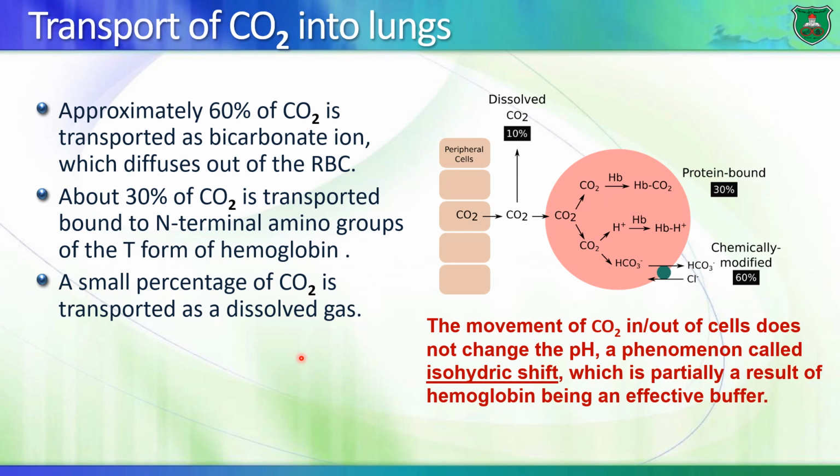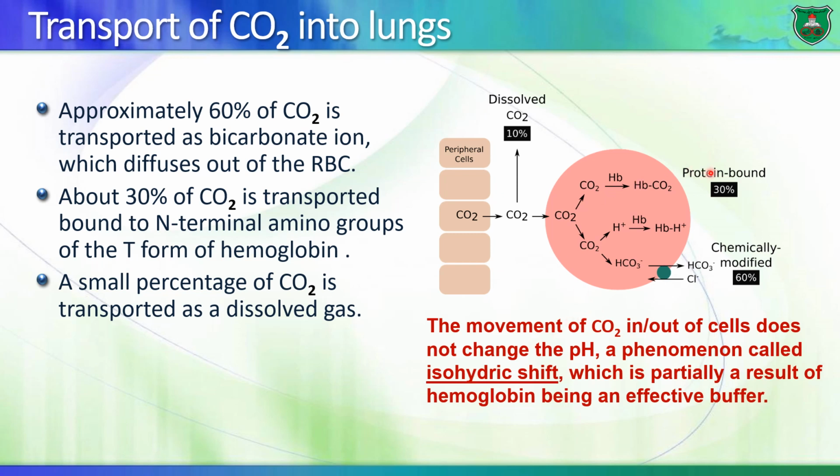Now, remember, what happens here is that you have always formation of protons right here. But even though there is formation of protons, there's no change in pH overall. And this is known as the isohydric shift, which is a result of hemoglobin acting as a buffer.